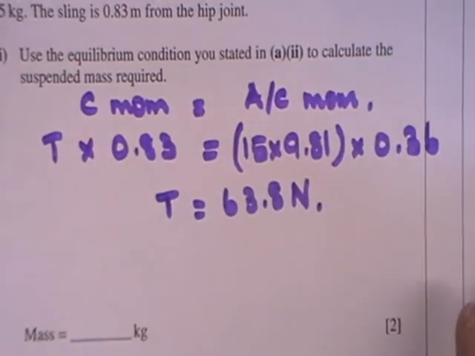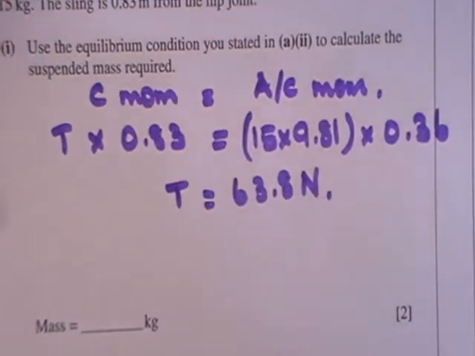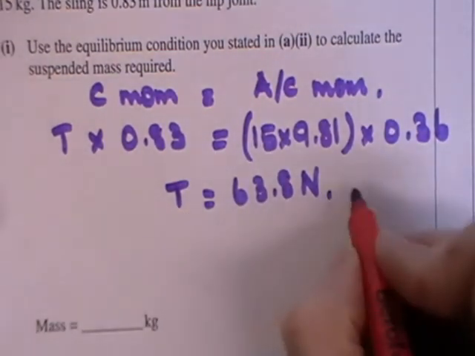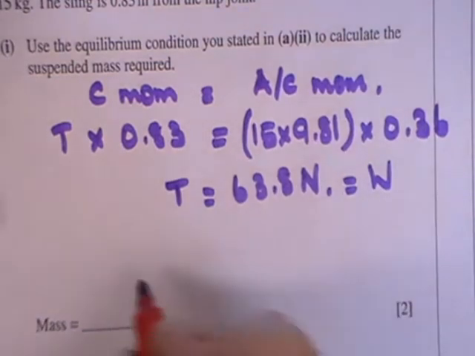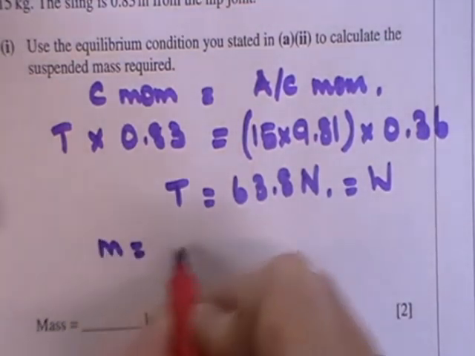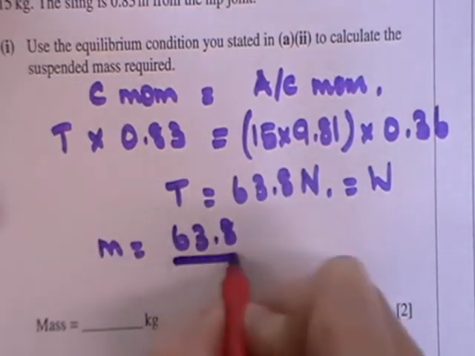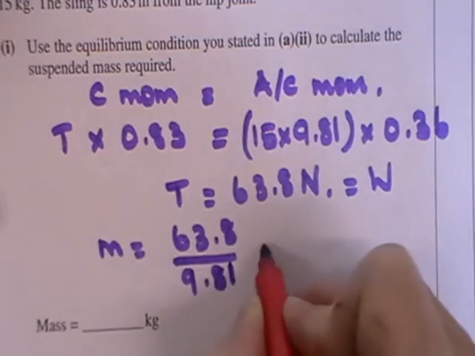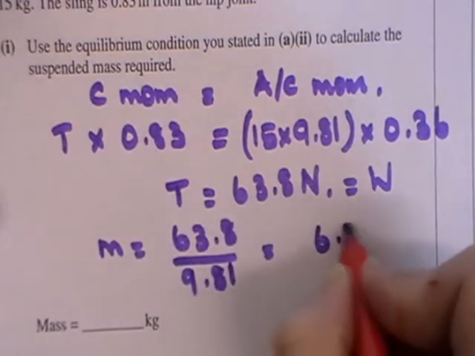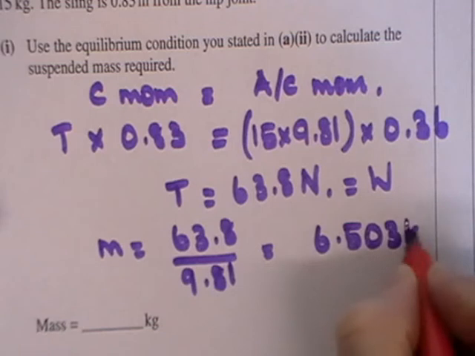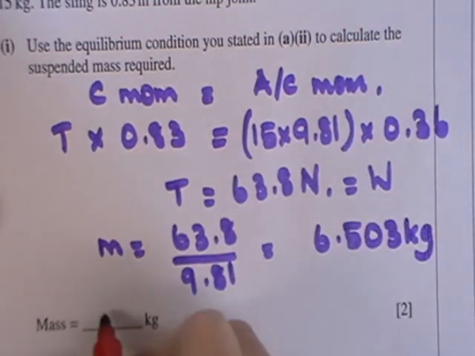But we need the mass that's causing that tension force, so that is the same as the weight of the mass, and therefore the mass is equal to 63.8 divided by 9.81. And that comes out to be 6.503 kilograms. And we'll just leave it to two significant figures, 6.5.